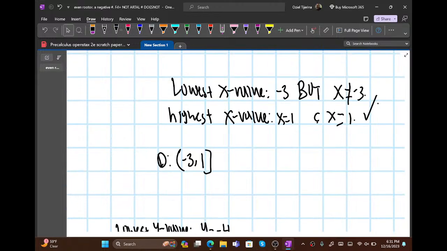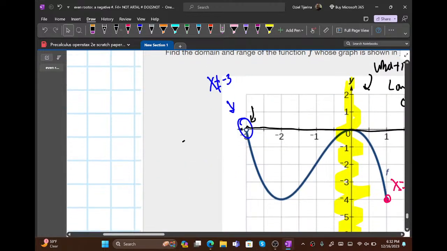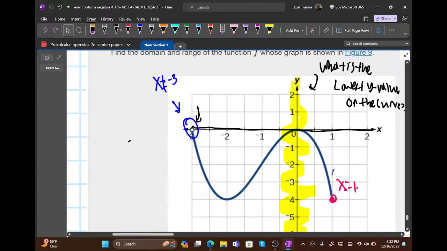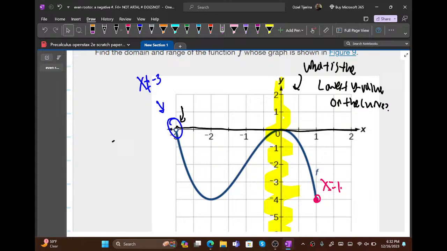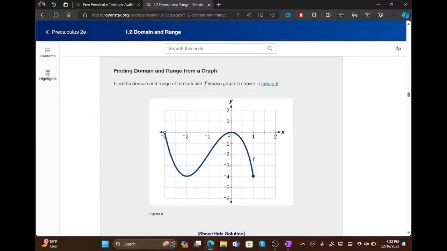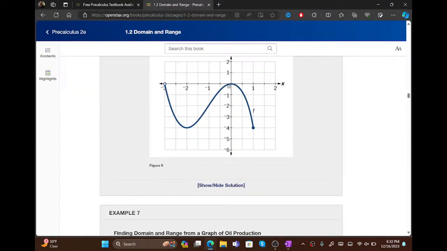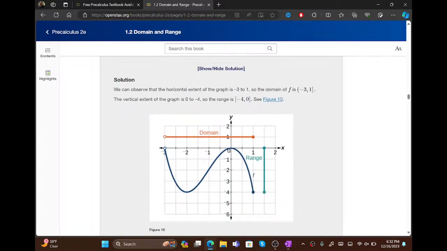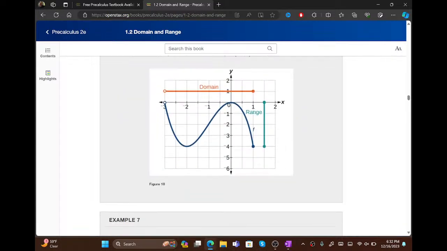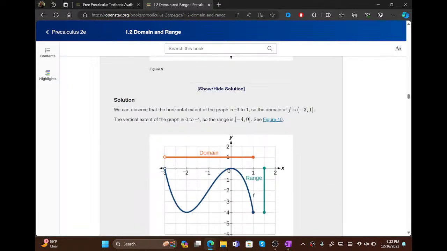However, this one is a little tricky, actually. Let me see the solution. Okay, yeah.